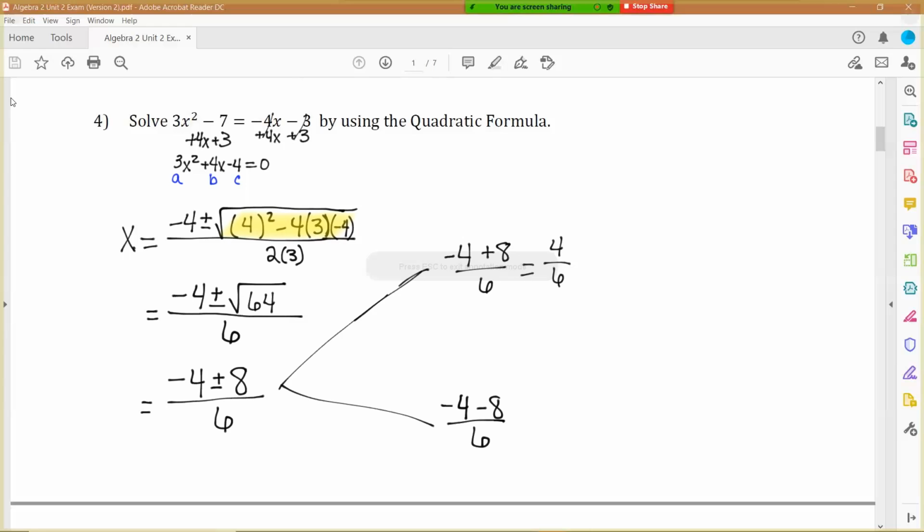So 4/6, which reduces to 2/3. So there's one answer. For the second one, you have -4 minus 8, which is -12 divided by 6. Well, -12 divided by 6 reduces to just -2. So 2 answers, one of them is a fraction, that's okay. So 2/3 and -2 are your 2 answers.